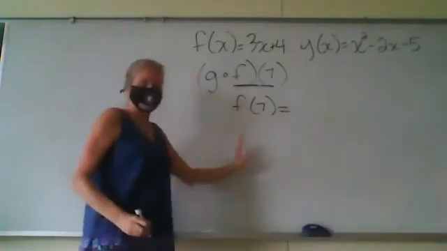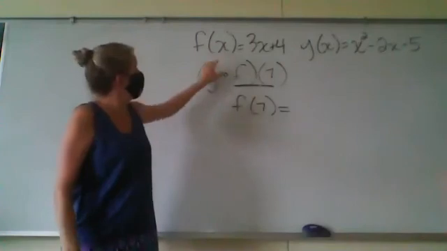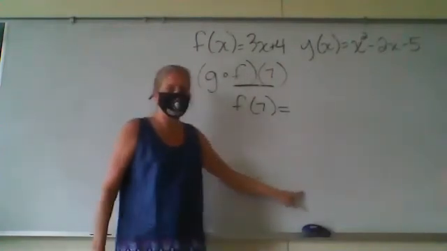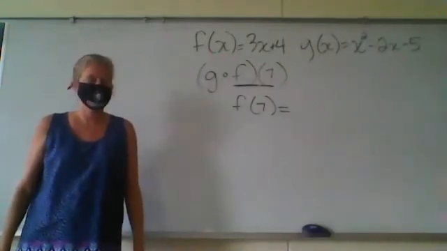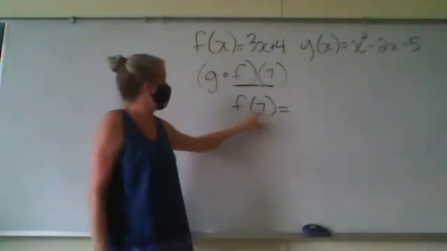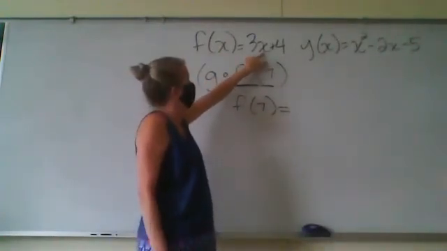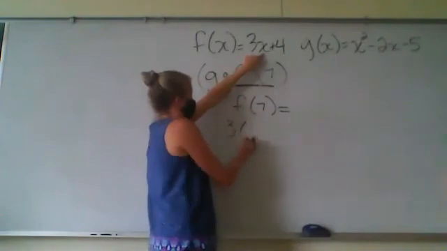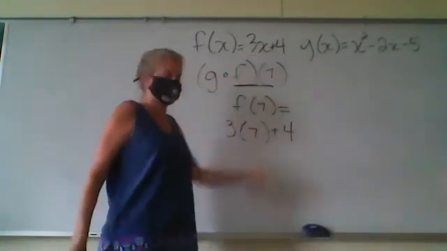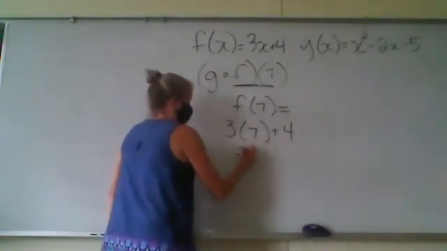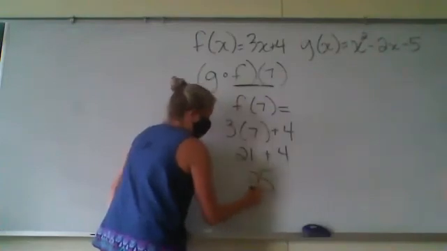So once I do this, it's going to give me a solution, correct? And then I'm going to go to the G function and plug in whatever that solution is. So let's see, F of 7 means go to your F function and replace this X here with a 7. So I'll have 3 times 7 plus 4. 3 times 7 gives me 21 plus 4, which gives me 25.